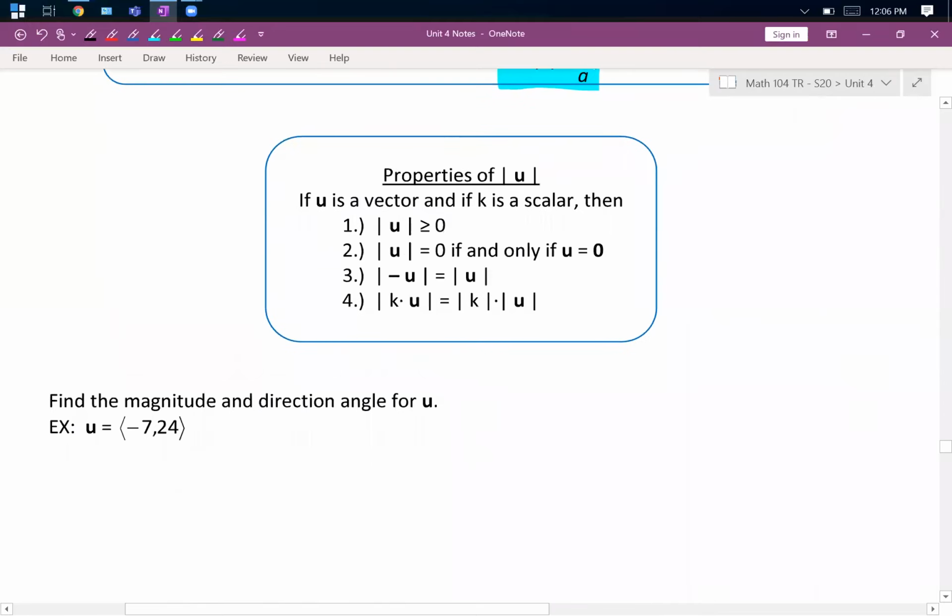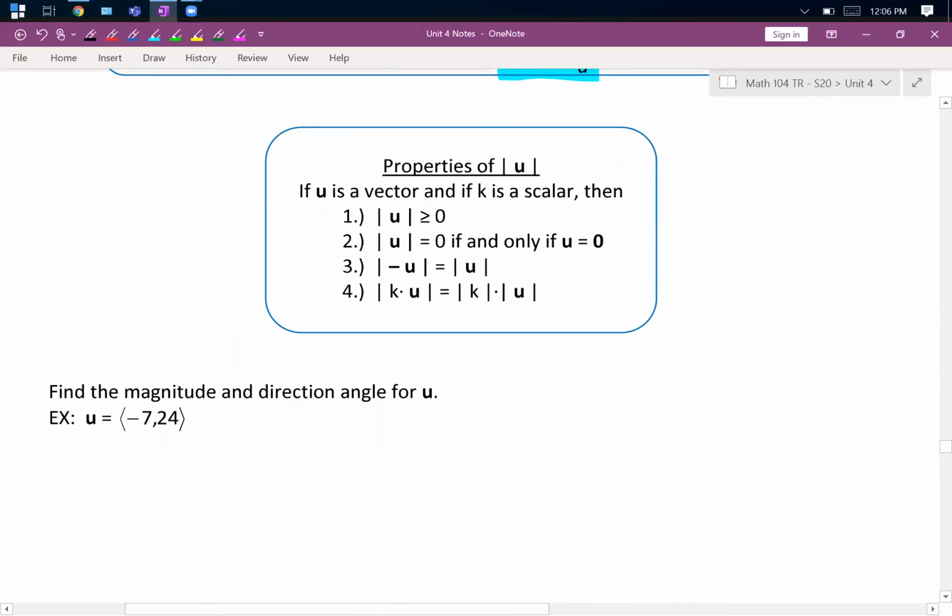Well, let's talk about properties of the magnitude of u. Now, the magnitude is the length. So just like any length that we talk about, we don't talk about the side of a table being a negative number. So the magnitude of some vector can't be negative. It has to be greater than or equal to 0.